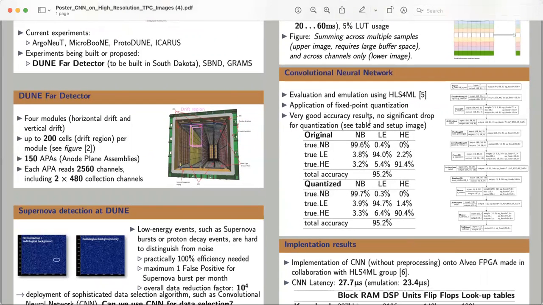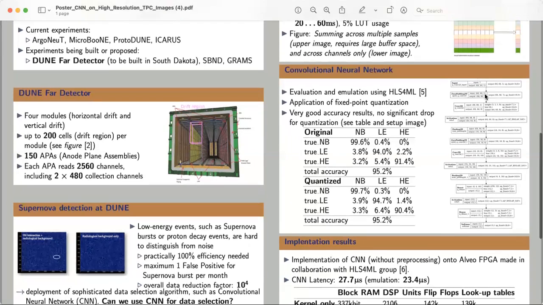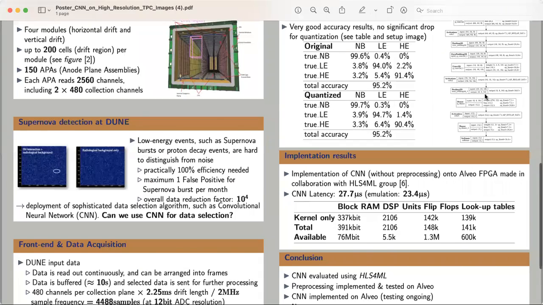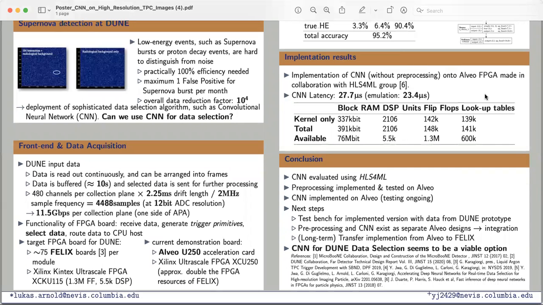We evaluated and emulated the CNN that we had using the HLS4ML framework. We applied fixed point quantization, and indeed we got very good accuracy results with no significant drop for quantization in the one CNN that we chose. We also showed the exact setup, but I won't go into details for this short introduction. The implementation of the CNN has quite a low latency of 27 microseconds, which is very low compared to the pre-processing part.